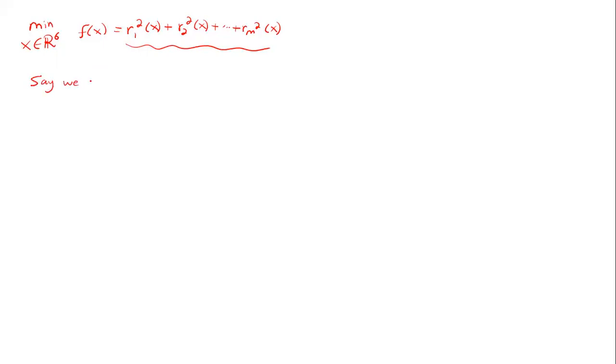Say we just have 2 data points that are t1, y1 equals 2 and 1, and t2, y2 equals 3 and 6.